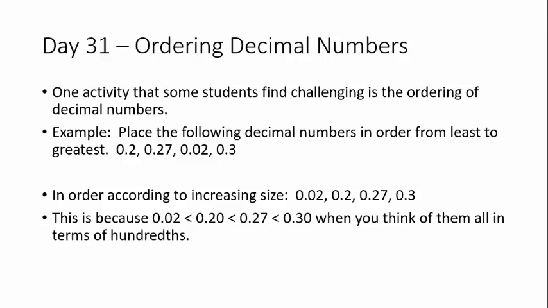When we do that, we're thinking of them all in terms of hundredths. And so then it's easy to determine which one is the smallest, which one comes next, and so on, and which one is the largest.